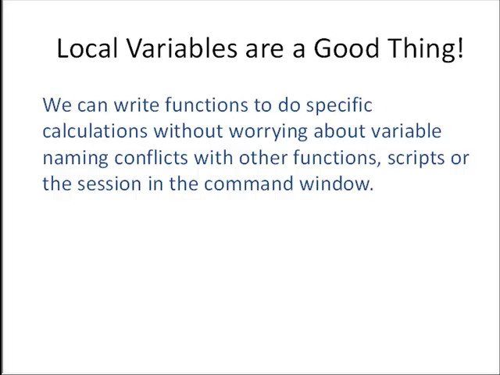This concept is a really good thing because it makes it so we can write functions to do specific calculations without worrying about variable naming conflicts with other functions, scripts, or the session in the command window. In other words, if we want to use a variable called radius inside a function, we don't have to worry about overriding the value of another variable called radius that we're using in the command window.